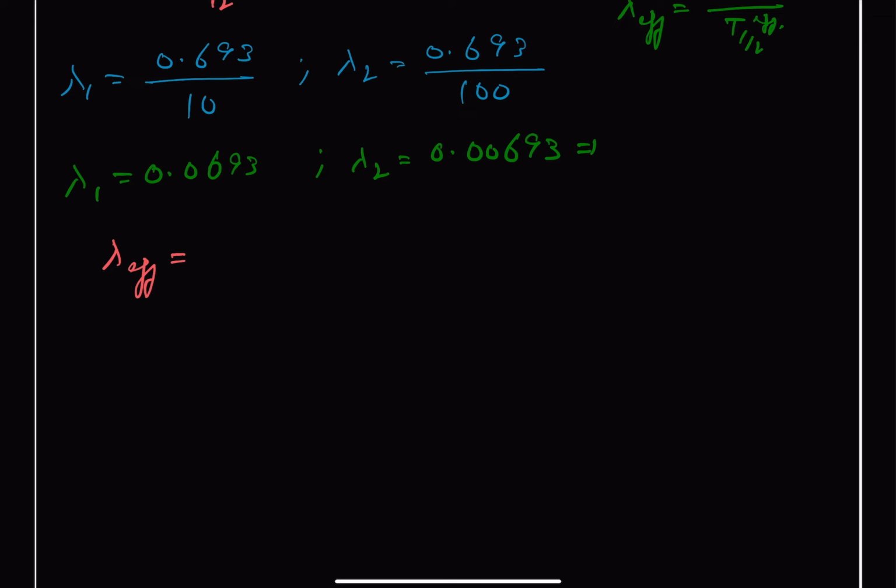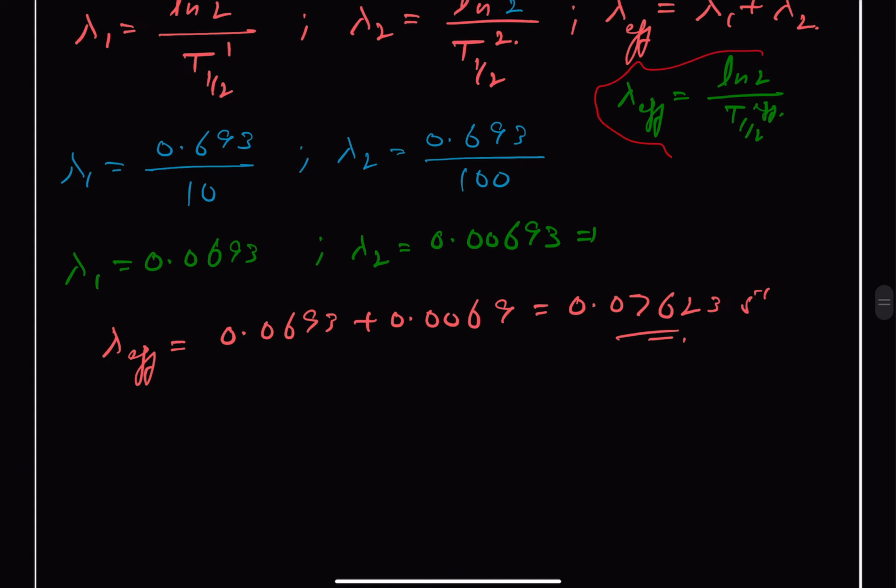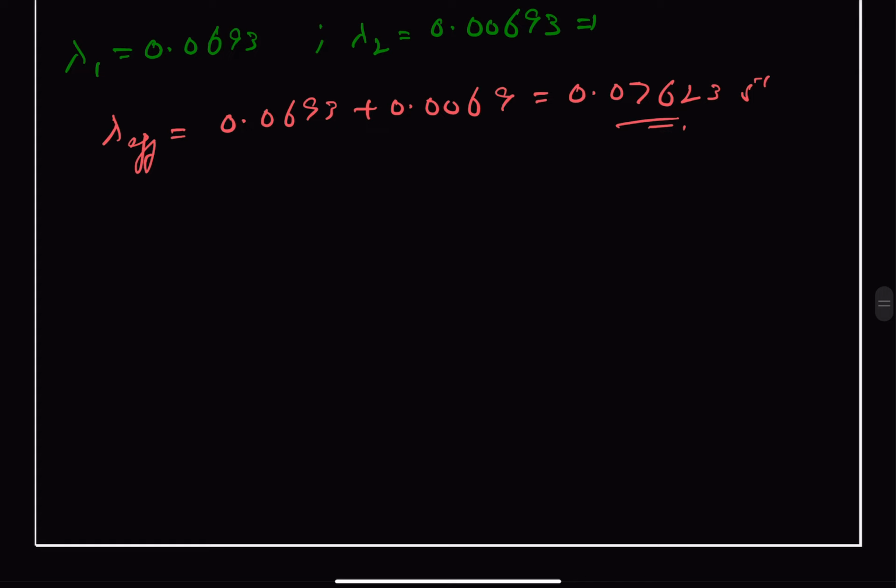Therefore our lambda effective will be equal to 0.0693 plus 0.00693, and this will be coming as equal to 0.07623 per second. So we can now use this formula, and let me rewrite it in the form of T half effective. So T half effective will be equal to natural log of 2 divided by lambda effective.